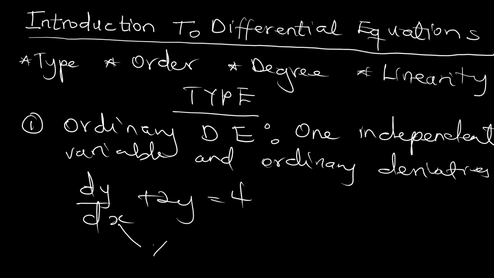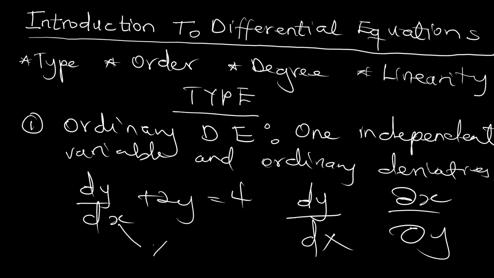The difference between the ordinary derivative and the partial derivative is that this is how the ordinary derivative is written: dy over dx. We use the normal d. And when you see the del sign, that is a partial derivative.